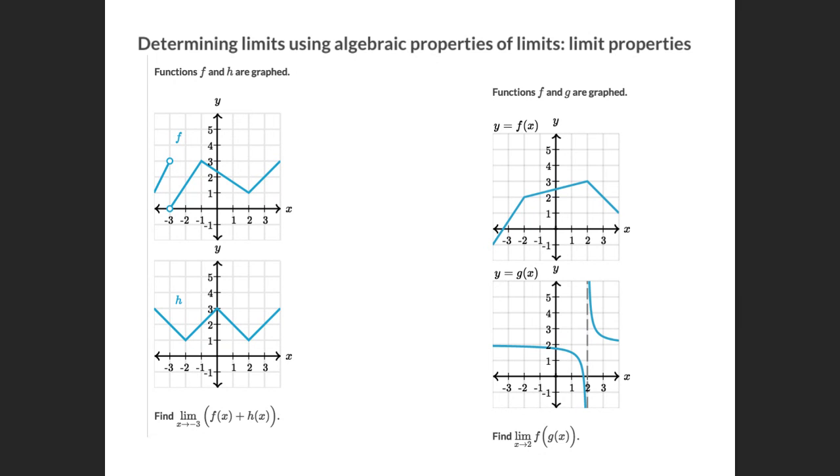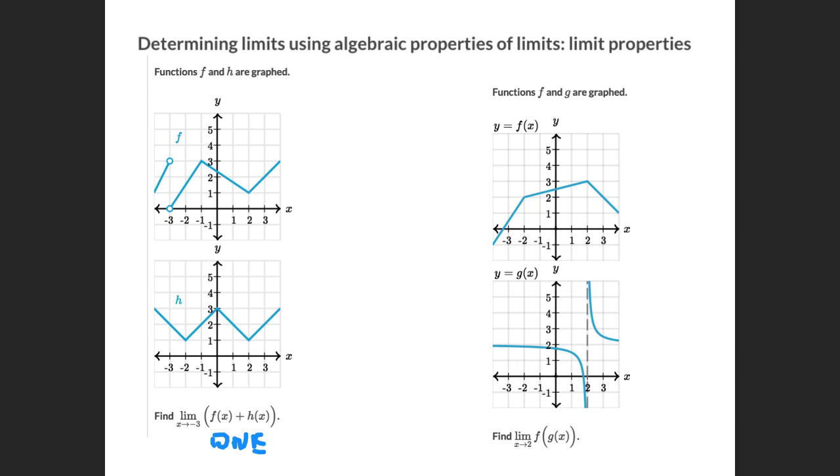At -3, the limit does not exist. So if that does not exist, I don't know if you can add a number to something that does not exist. So I would say the answer would be does not exist, because one of them doesn't exist.